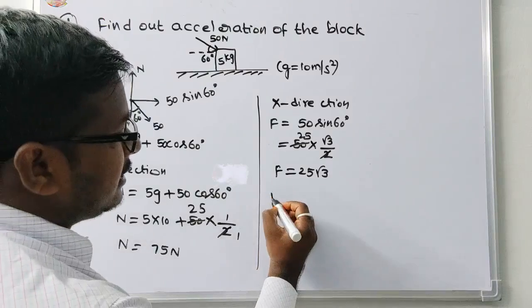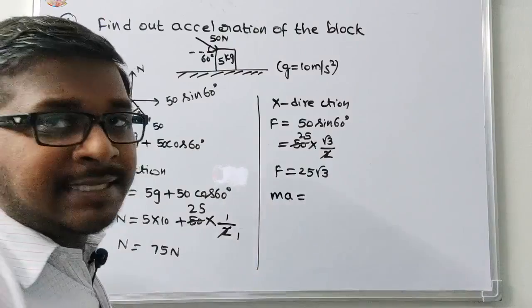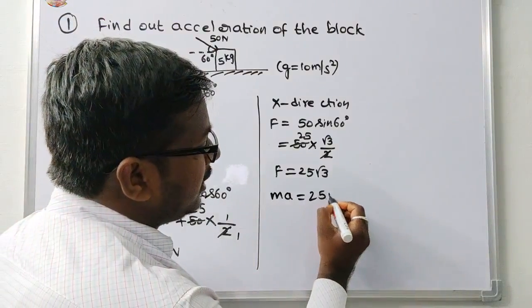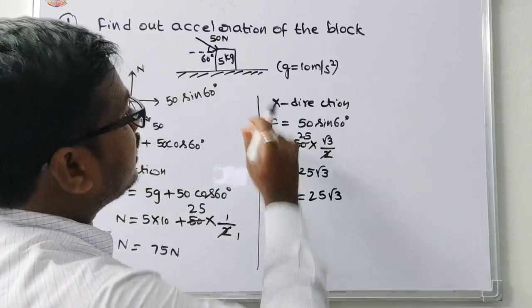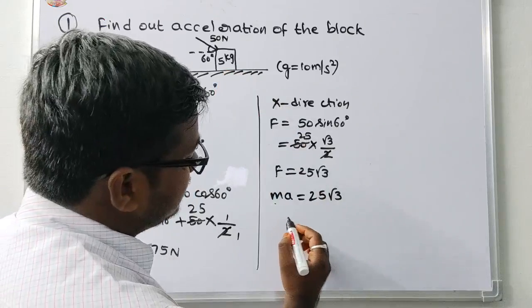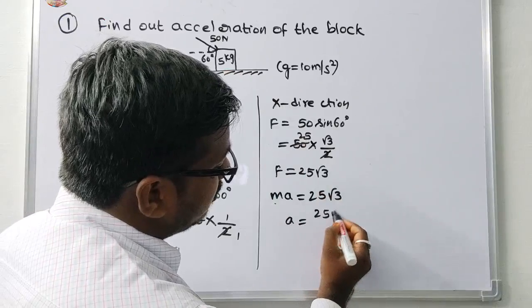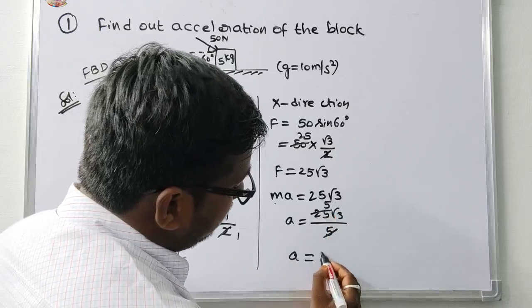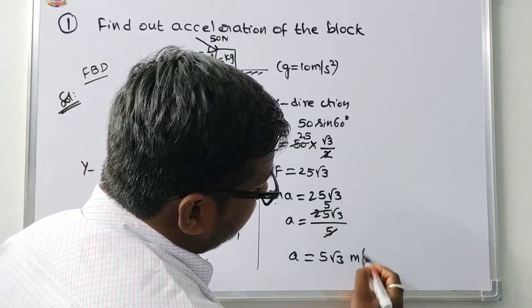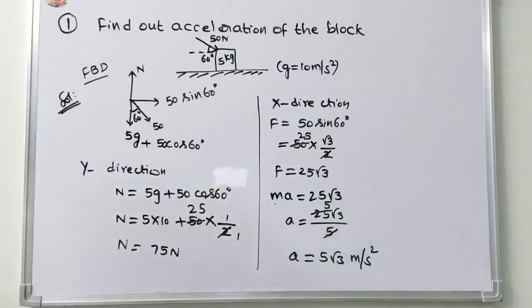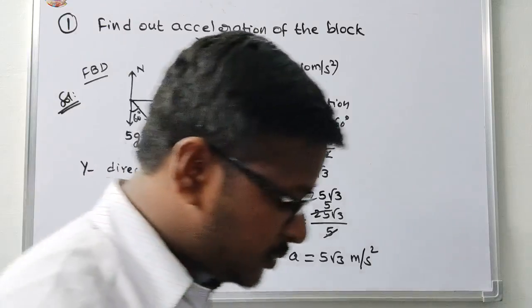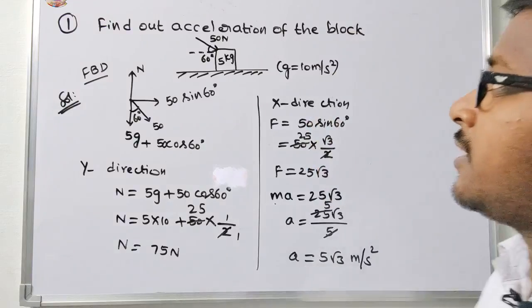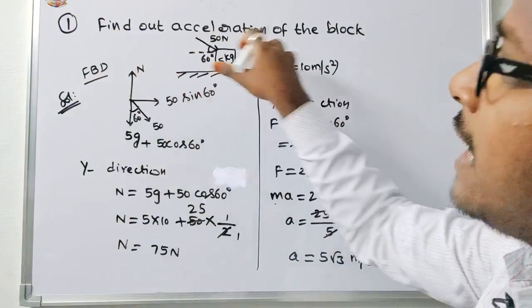Here F is nothing but ma, mass into acceleration, equal to 25 root 3. The mass is 5 kg, so a is equal to 25 root 3 by 5, that is 5 root 3 meter per second square. This is the first problem, students. It is a very important problem for NEET and JEE Mains: find out the acceleration of the block.